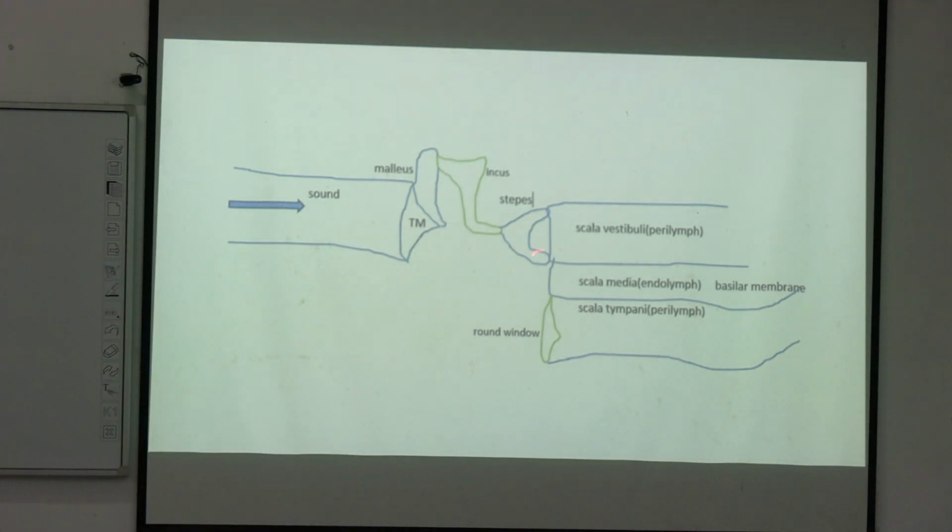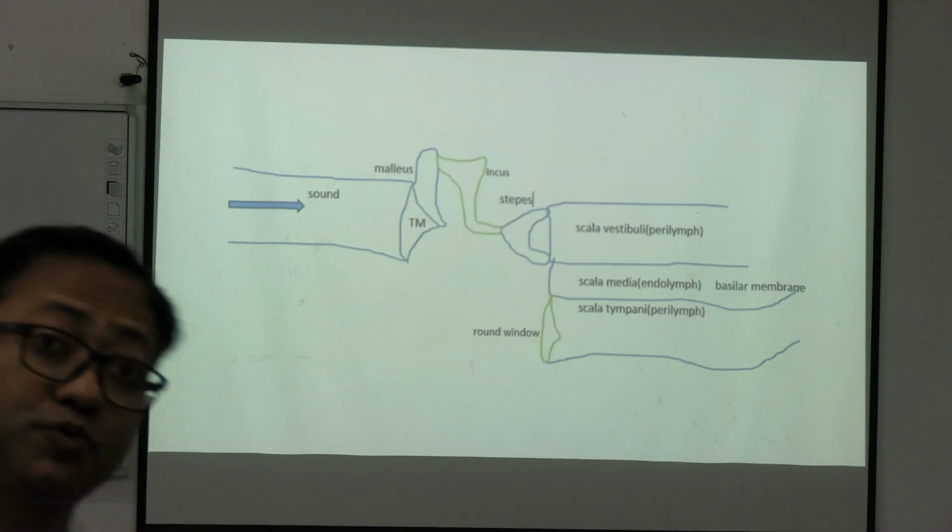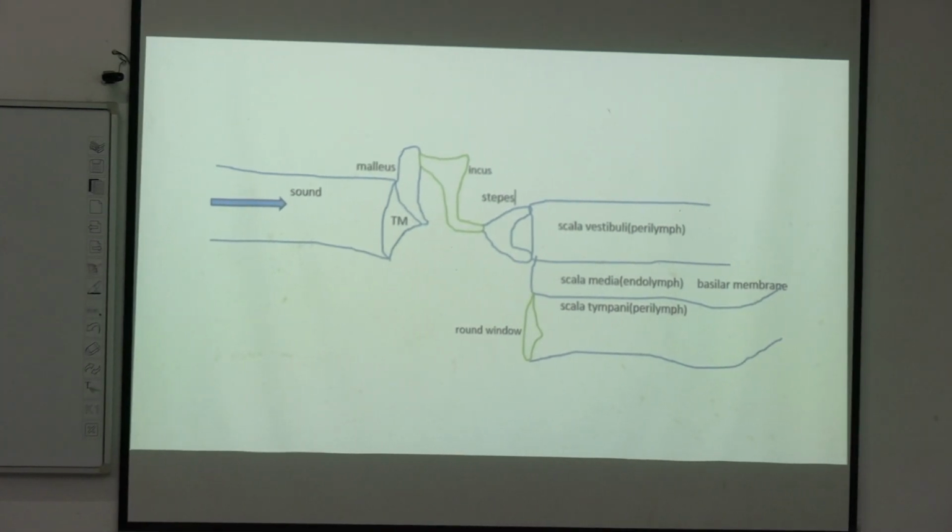Once there is negative pressure in the scala tympani, the round window is sucked inside, and the round window makes a push over the basilar membrane, so that the basilar membrane moves upwards. Now come to this picture.